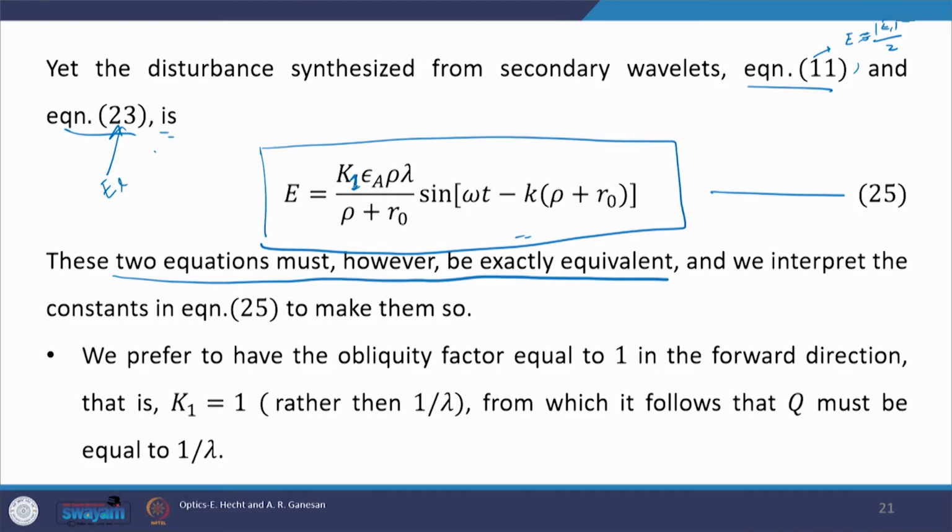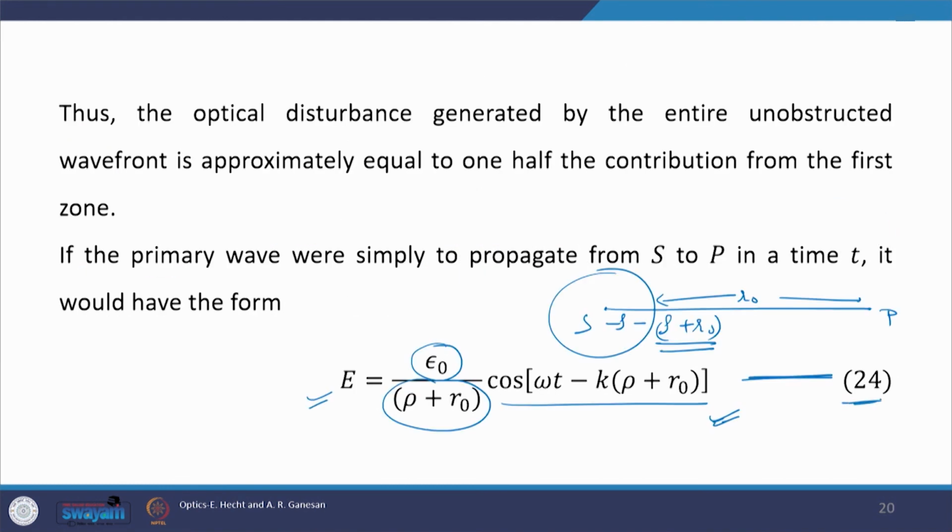If you remember, while introducing the strength of the source per unit area, we introduced some constant Q, which is unknown, and K1 is also there. We will calculate the value of K here just by comparing equation number 24 and 25.